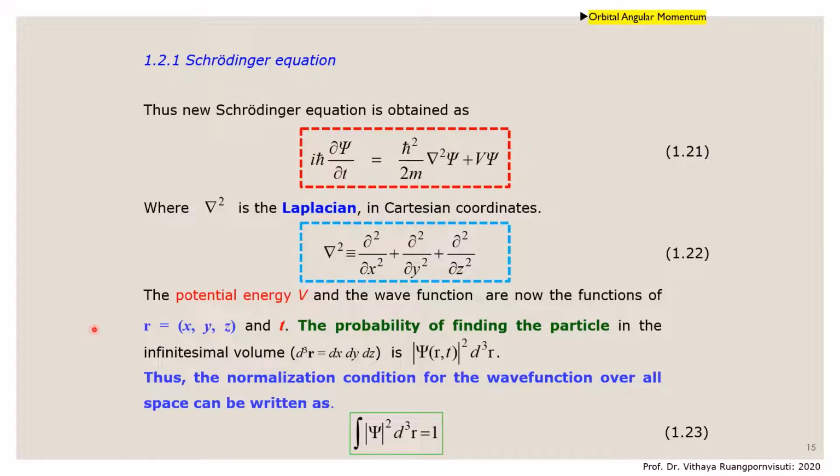Therefore, the probability of finding the particle or electron in the infinitesimal volume is equal to the absolute square of the wave function multiplied by the volume d r to the power 3.